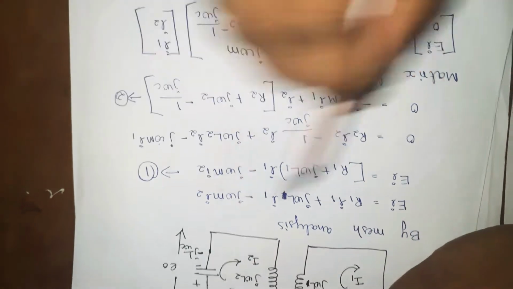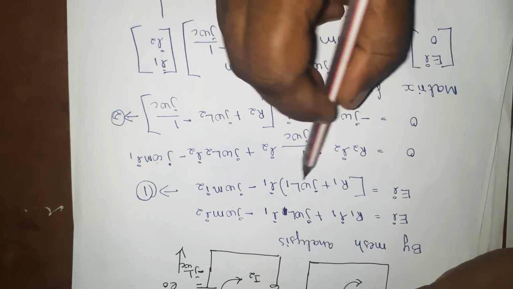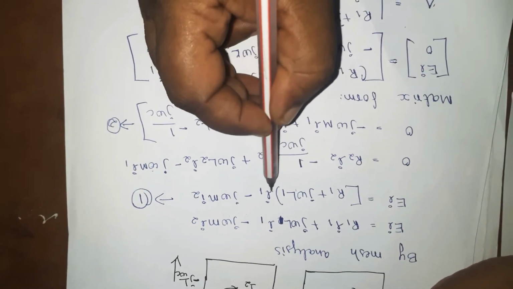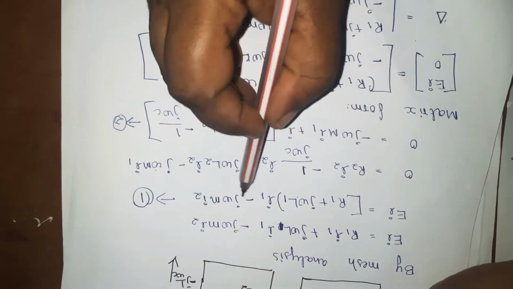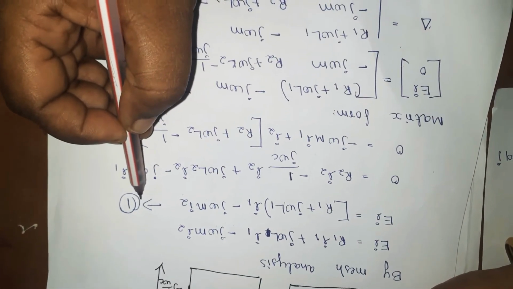Next, Ei equals (R1 plus j omega L1) taking I1 common, minus j omega M I2. This is considered as equation 1.